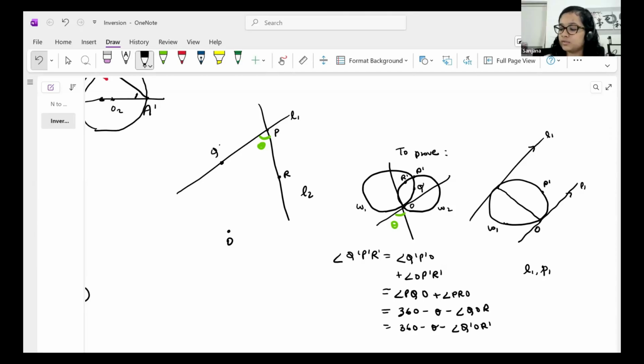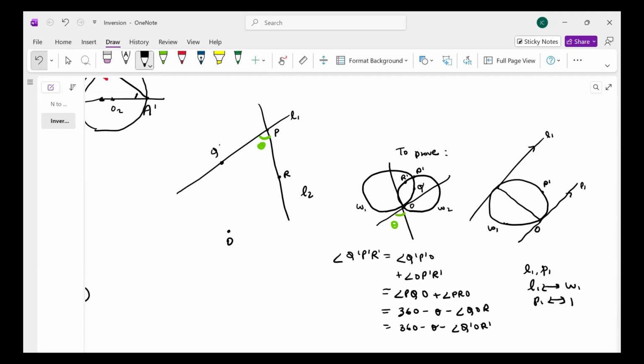Yeah, that makes sense. So you are saying the inversion of L1 coincides with P1, or what? No, the inversion of L1 coincides with a circle which is tangent at O to P1. Okay, so what you're saying is initially you have L1 and P1, they are parallel, so they have no points of intersection in the real plane.